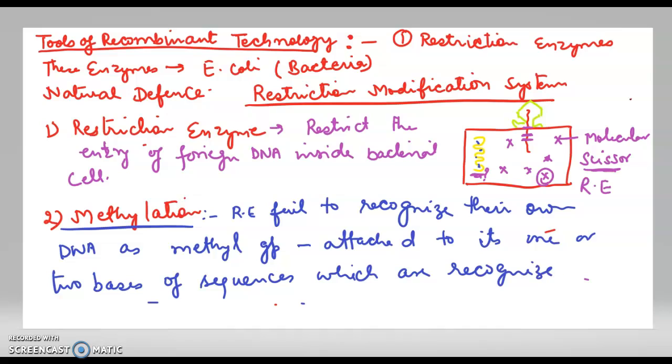So in this way, because the sequences they are going to recognize are methylated, to these sequences a methyl group is being attached. So these restriction enzymes fail to identify their own DNA.